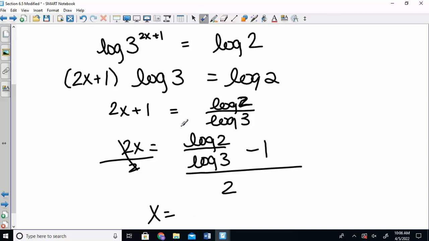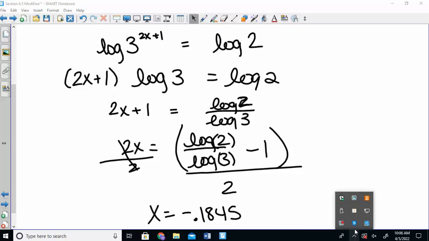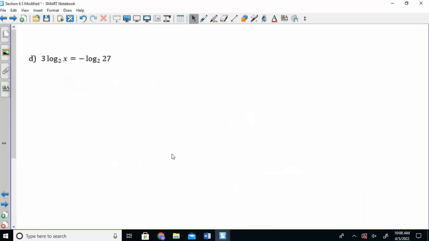Does that need to be in parentheses? Yes. So if you're going to type this in, put that in parentheses.